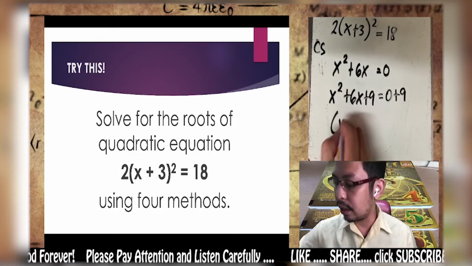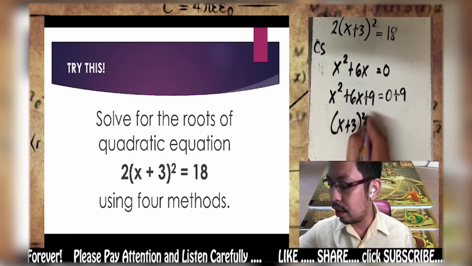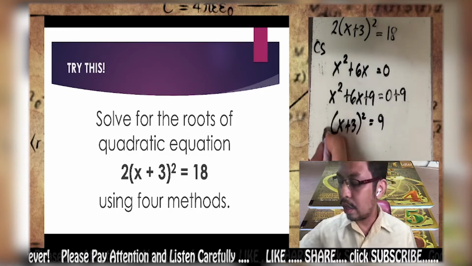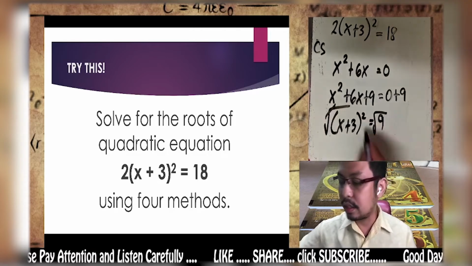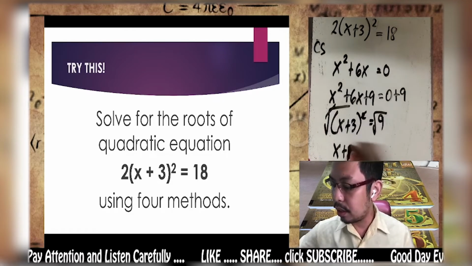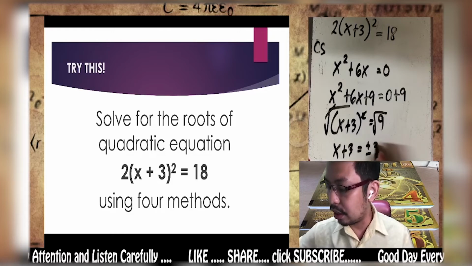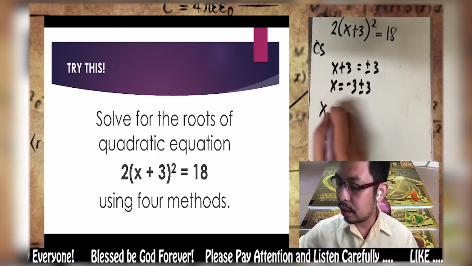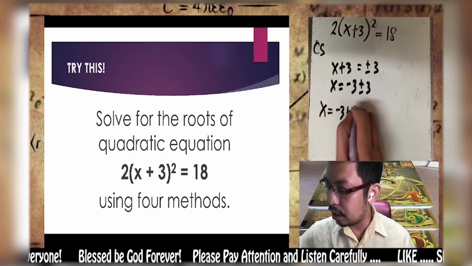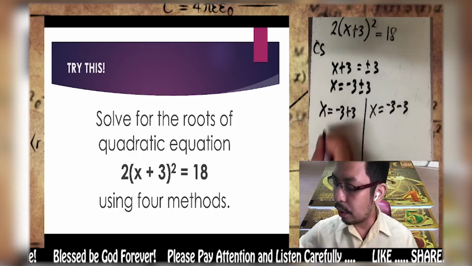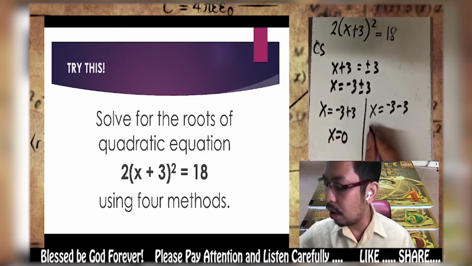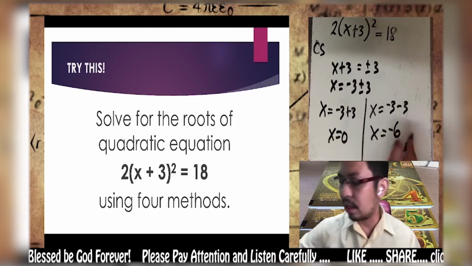Make it a square of binomial, that is x plus 3 squared is equal to 9. Using extracting square root, we square root both sides, and then this is cancelled. So we have x plus 3 is equal to plus or minus 3. So we have x is equal to -3 plus 3, and the other one is x is equal to -3 minus 3. So we have here x is equal to 0 and x is equal to -6.